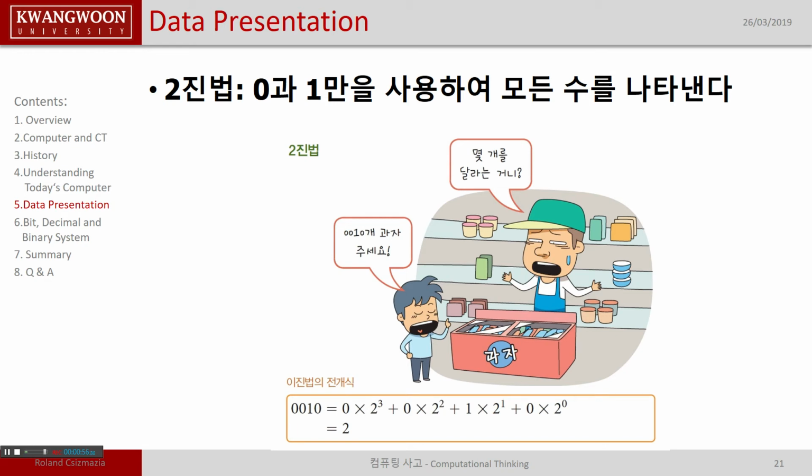Why? You start with the last number, from the back to the front. 2 to the power of 0 is basically 1, and times 0 would be 0, right? Then 2 to the power of 1 is 2, times 1 means 2. So ones and zeros, as you see here.